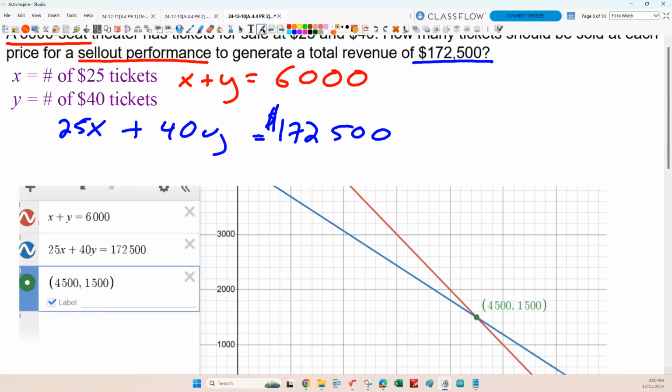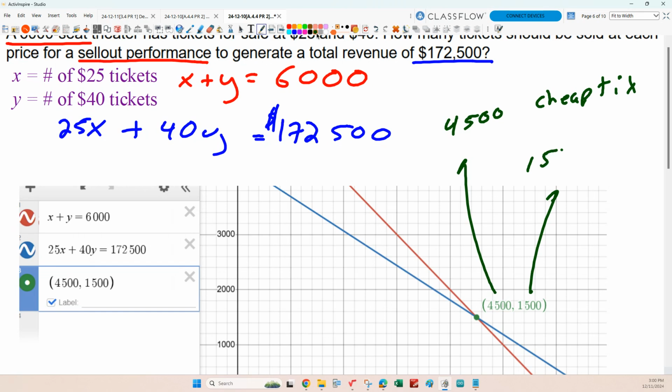The x coordinate is telling us 4,500 cheap tickets and 1,500 expensive tickets, right? Make sense? Okay. All right, let's try another.